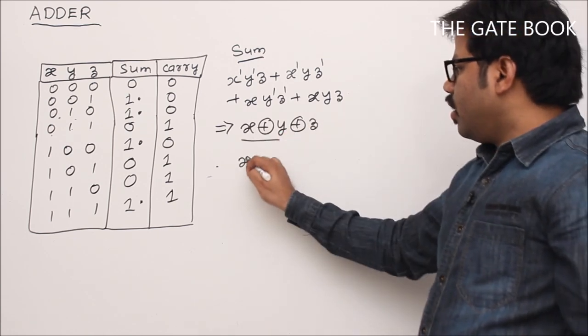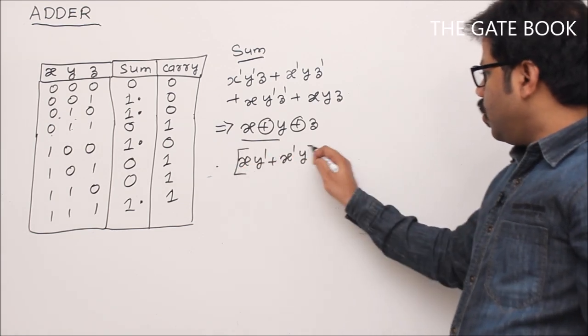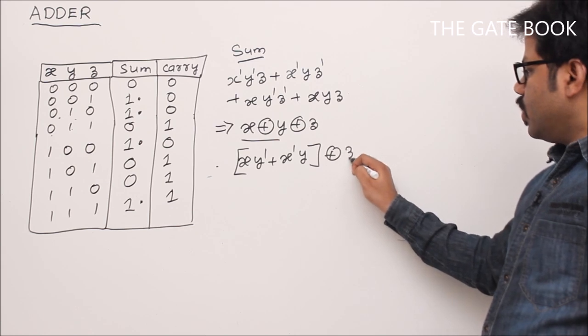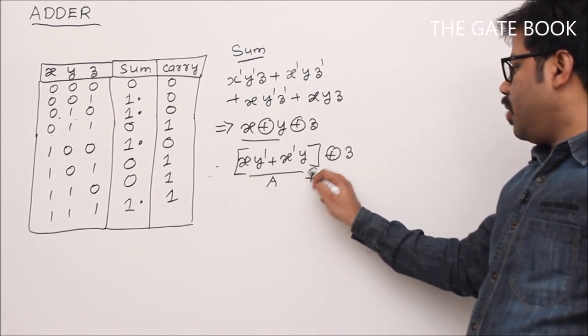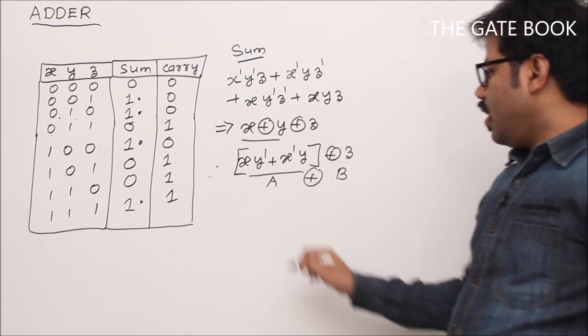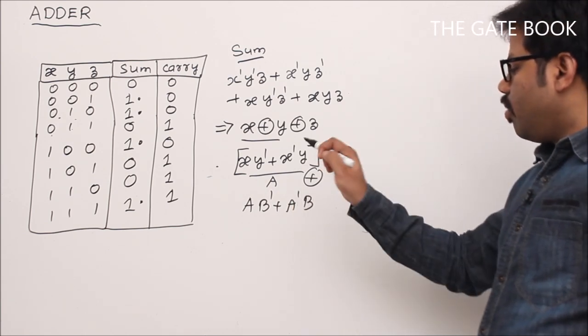If you have doubt, just apply this XOR operation. X XOR y is x y bar plus x bar y. Then that XOR z, we have to apply the XOR operation again. When you have a and b, what is a XOR b? A XOR b is nothing but a b bar plus a bar b. Let us apply this formula.